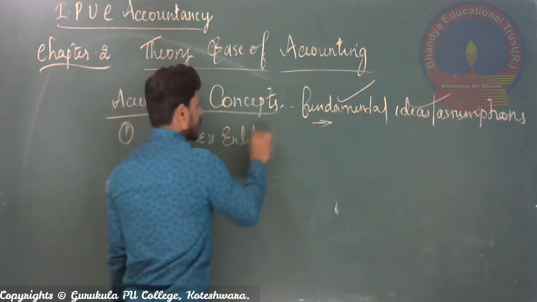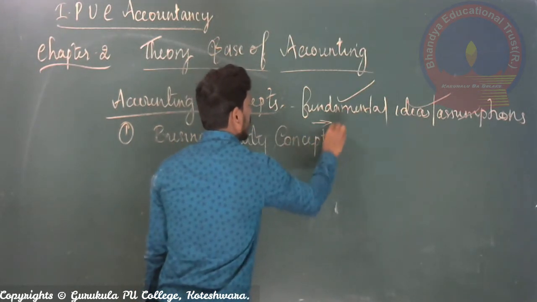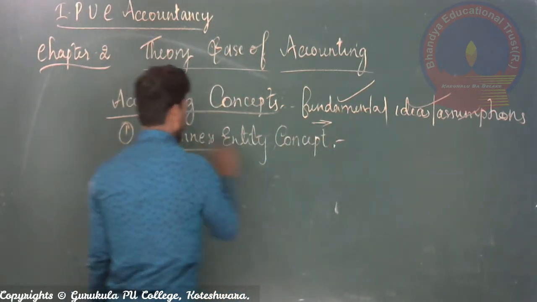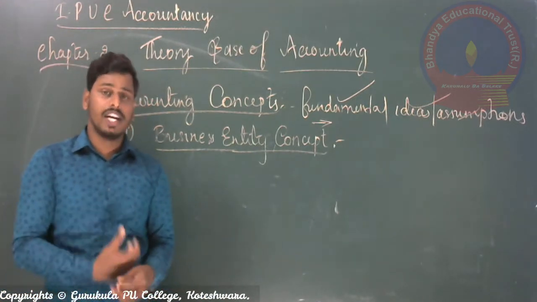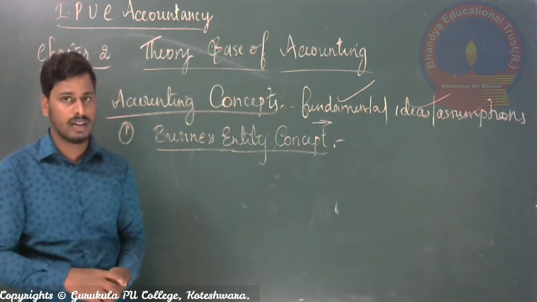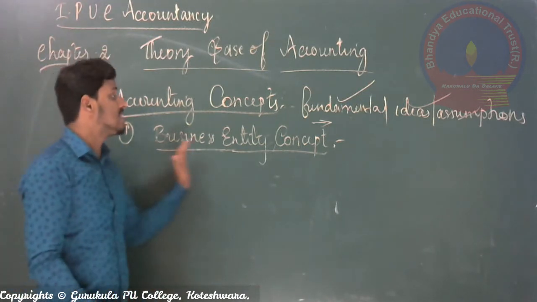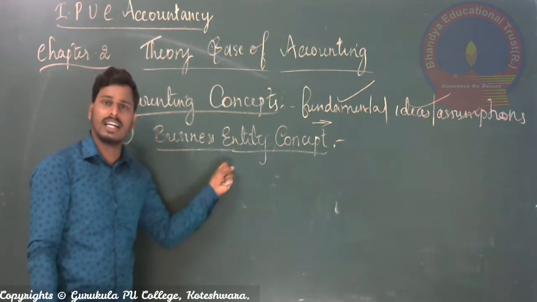Business entity concept. Okay, so in the last video I told you one of the basic terms of accounting, that is the business entity, or entity, right? So what is the meaning of entity?